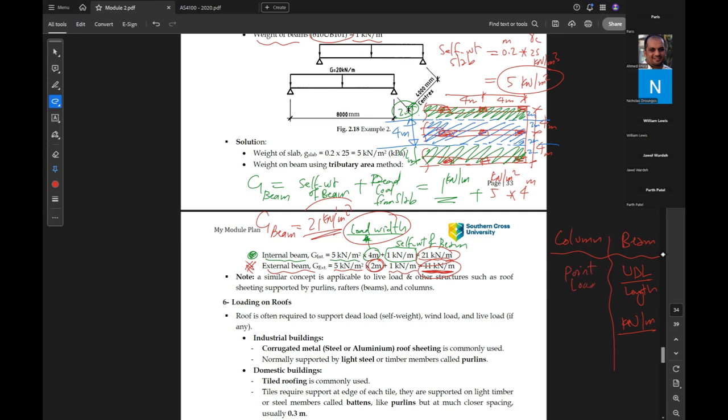Point load. So what is the unit? Just kilonewton. So the beam is carrying a uniform load or UDL in kilonewton per meter. The column is carrying a point load in kilonewton. Is that correct? Yeah. Okay, that's good.